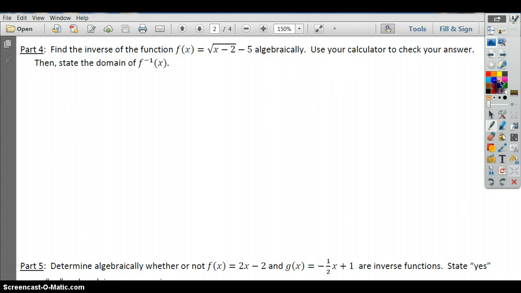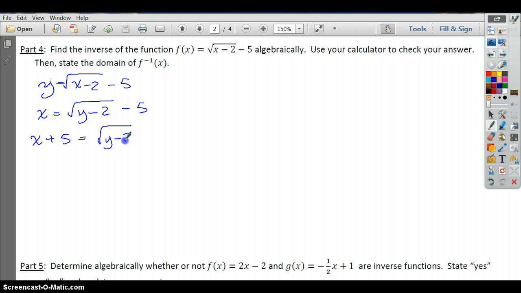Okay, finally a lone problem here dealing with inverses. Let's do this algebraically. So we know y equals the square root of x minus 2, all inside the radical, minus 5. So I'm going to switch my variables, and I'm only switching them. And now we're going to solve for y. So I'm going to add 5 over. I'm going to get rid of my square root by squaring. Oh dear, FOIL.